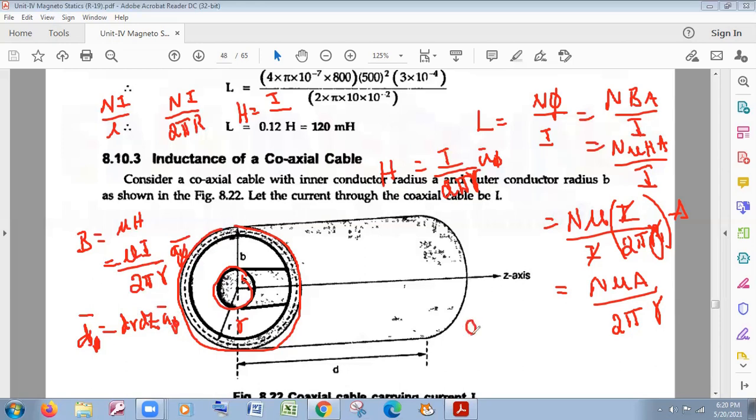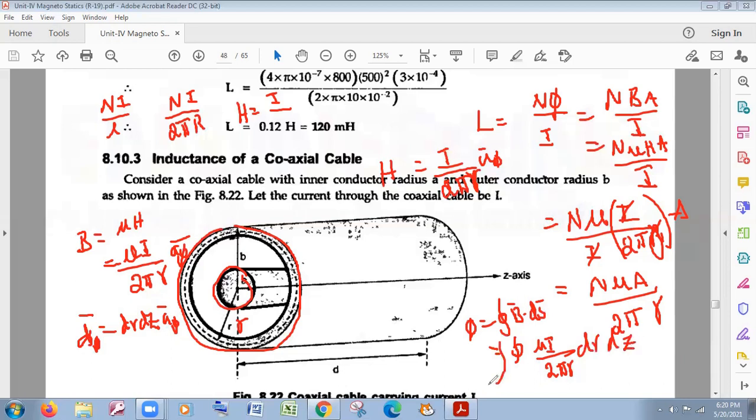So using phi is equal to integral of B bar dot ds bar, that is the integral of mu I by 2 pi r, a phi, and ds bar is equal to dr dz.